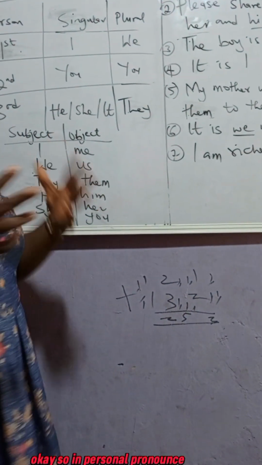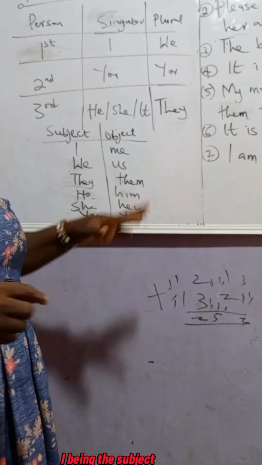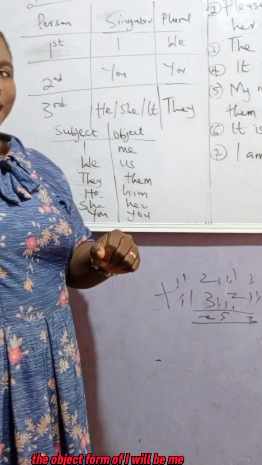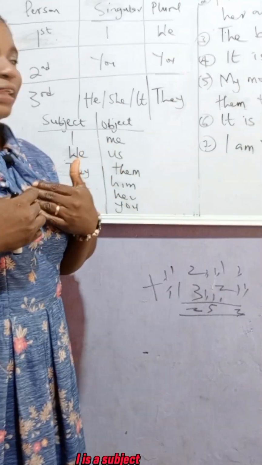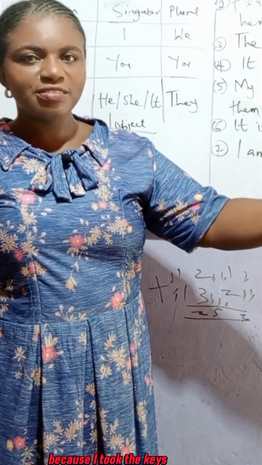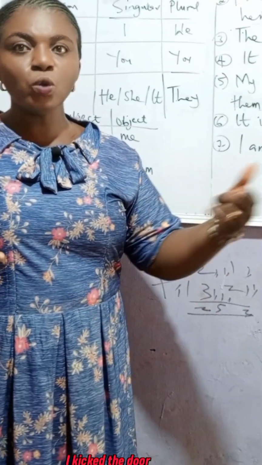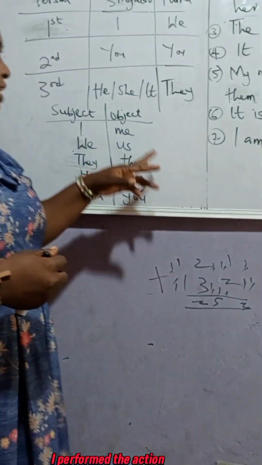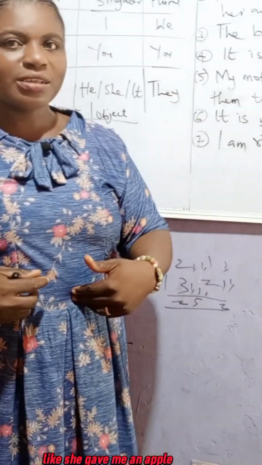Okay, so in personal pronouns, I being the subject, the object form of I will be me. Let's take that again. I is the subject because I took the keys. I performed the action. I kicked the door. I performed the action. Then me received the action, like she gave me an apple.